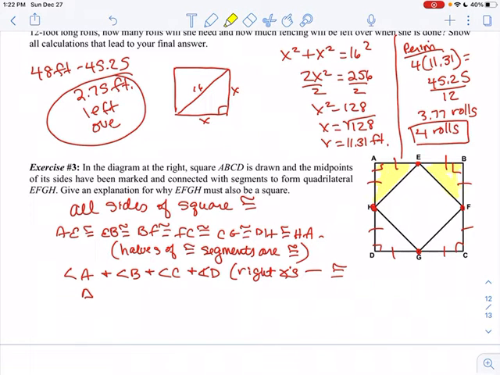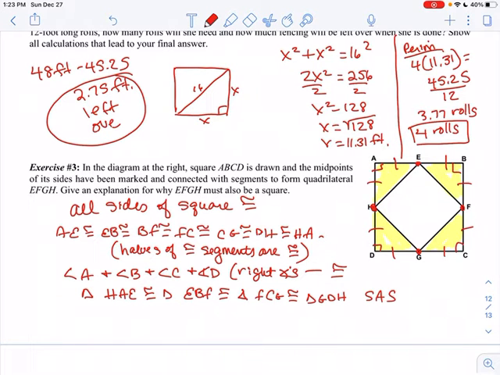Each of these triangles will now be congruent to each other because look how it's marked. So triangle HAE is congruent to triangle EBF, is congruent to triangle FCG, is congruent to triangle GDH. They're all congruent by side angle side.